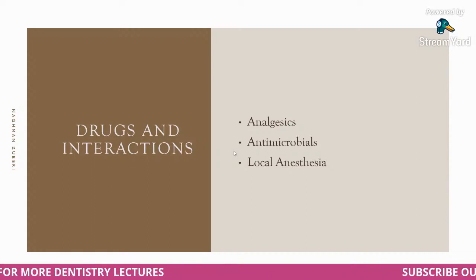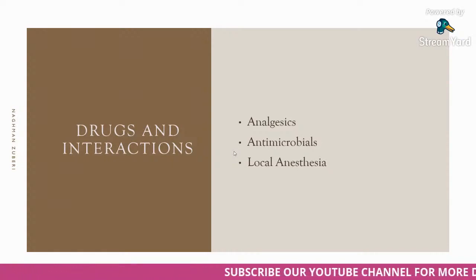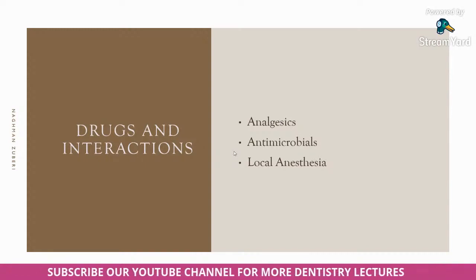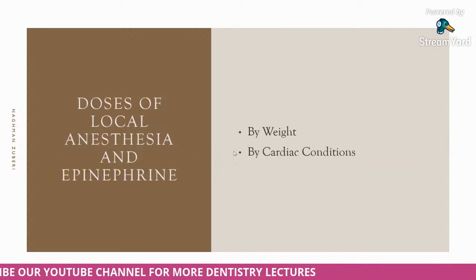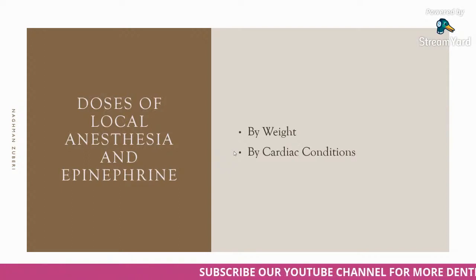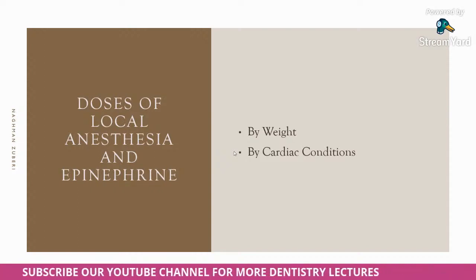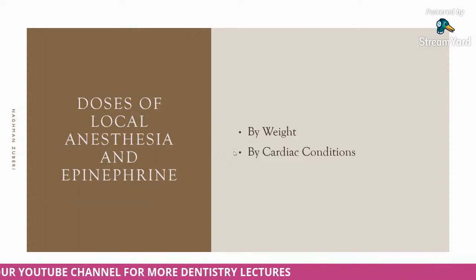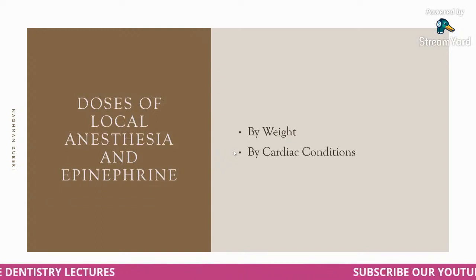If the patient is allergic to both esters and amides, what option will we have, etc. Local anesthetic cartridges most commonly also contain epinephrine, so we must know the doses of different local anesthetic agents according to the weight and their ceiling dose, as well as the doses of epinephrine in different cardiac conditions. We must know, because we have to choose the answers accordingly.